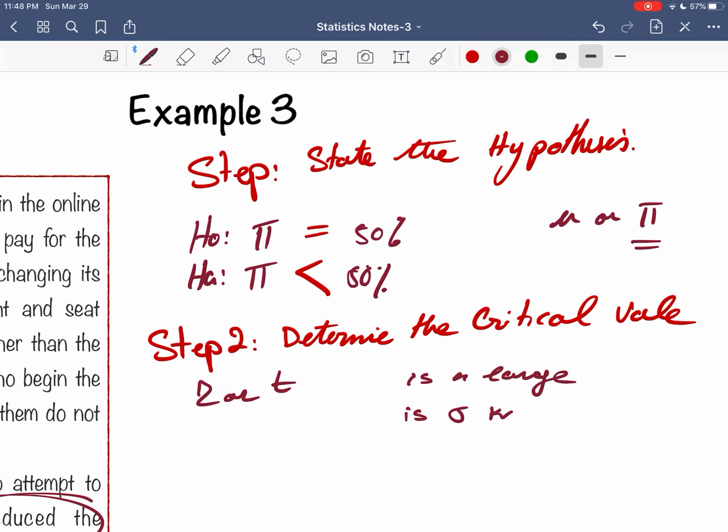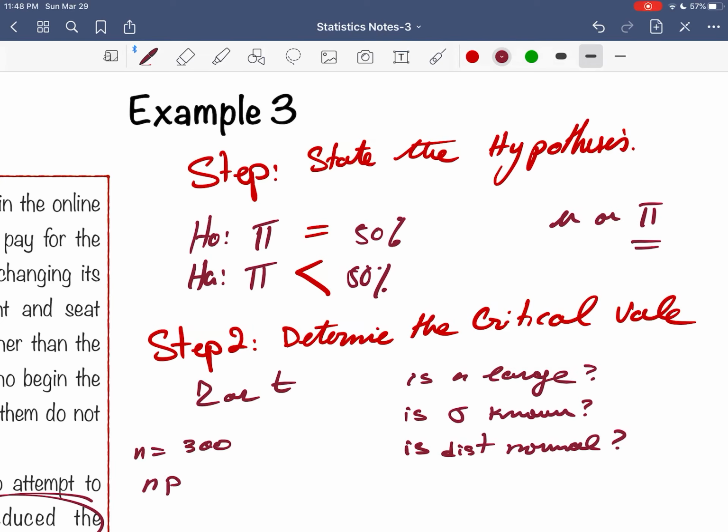Is sigma known? Is the distribution normal? In this particular case, we have N is equal to 300, but because this is a proportion, we need to know if N is large in terms of proportions.